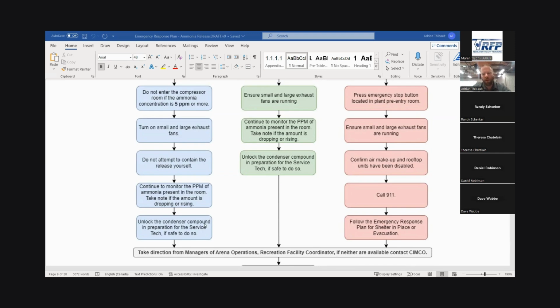And then we have a locked condenser compound outside, which also has our dump valve. We would be going around through our Zamboni room to get to the condenser compound and unlock it, so that when our service provider comes, or emergency services, if that's what it comes to, they can either deal with the condenser or go to the dump valve.